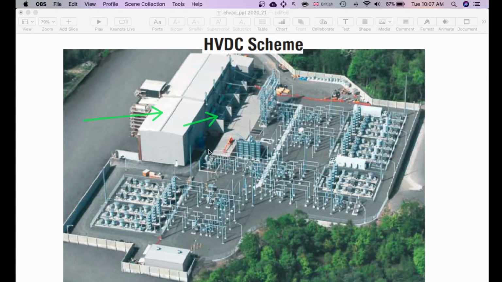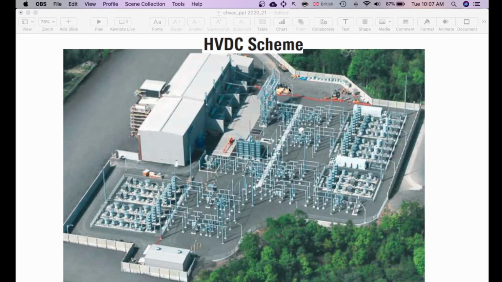On this side, control rooms are there. Control rooms mean basically the place from where the monitoring of the converter scheme, firing angle control and various mechanisms, voltage and current and fault, all these control schemes will be handled by this particular part of the building.